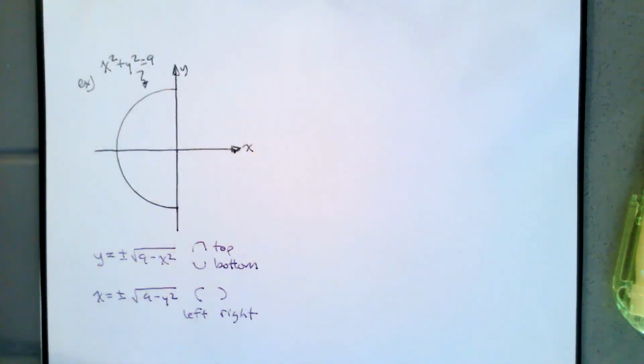So if I wanted to, I can describe this as a function. I can say x is minus the square root of 9 minus y squared. And that's the left half. But notice that as far as y is concerned, I need the top and the bottom. So I need the plus and the minus.